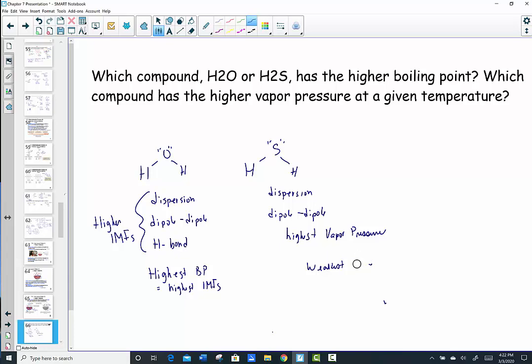With the weakest IMF, the change of phase from the liquid to the gas will occur more readily. And therefore, since we have more gas above the surface, you'll have a higher vapor pressure.